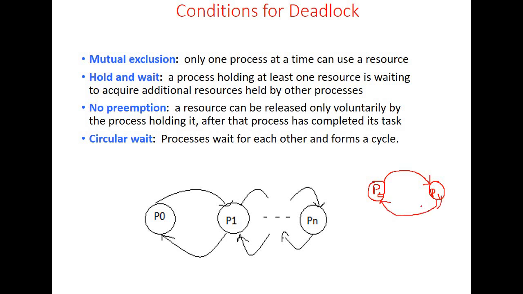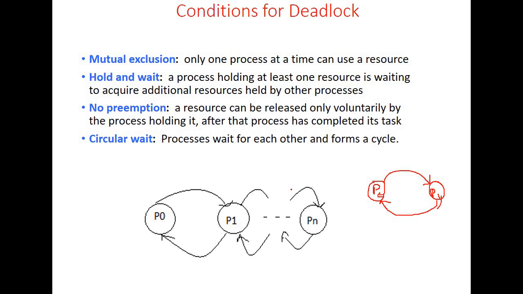So P0 is waiting for the resource held by P1, and P1 is waiting for the resource held by P0. Likewise, both the processes depend on each other without knowing each other, and this mutual dependency leads to a cycle, and this cycle forms a deadlock.